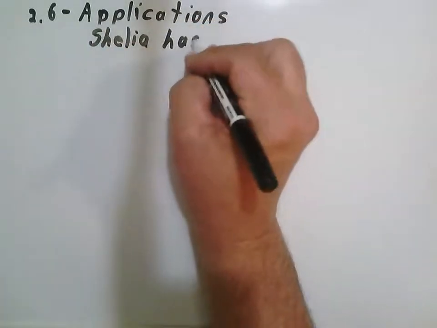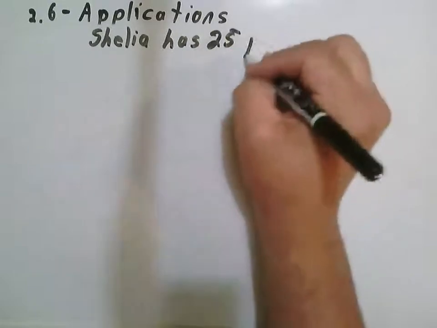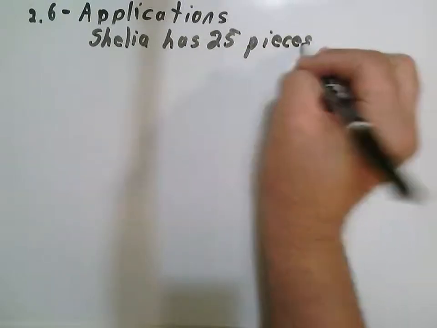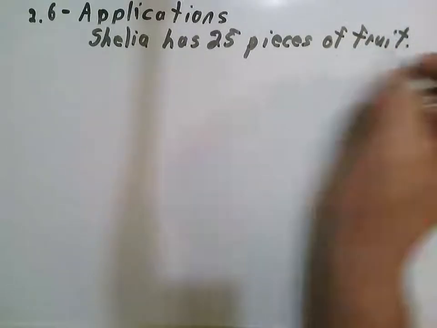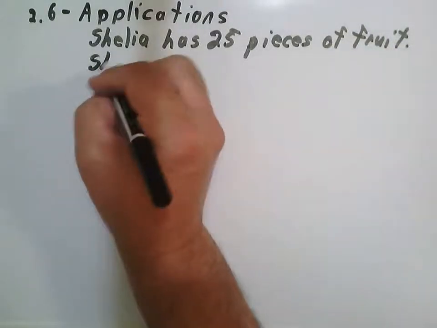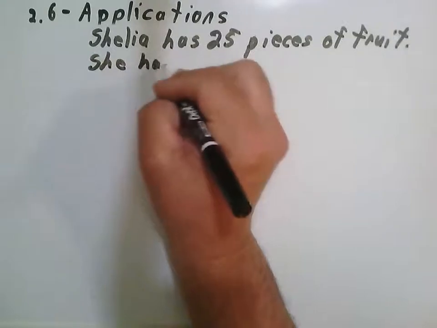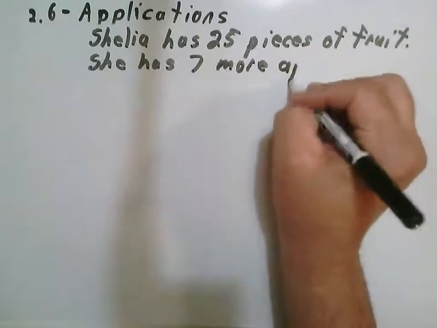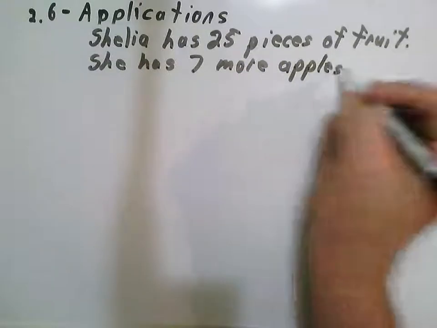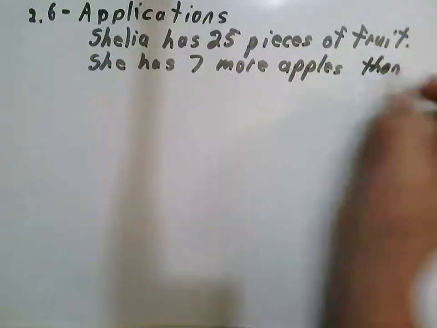And Sheila has 25 pieces of fruit. And she has 7 more apples than oranges.